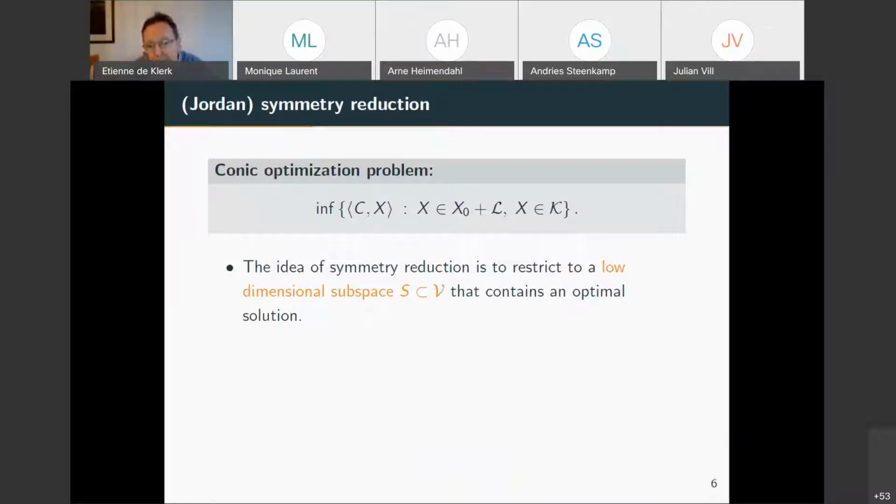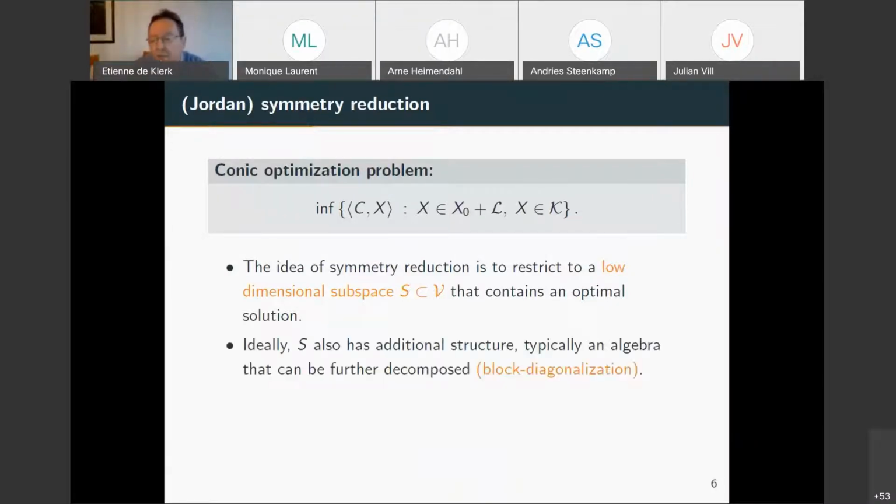So the whole point is, if we can restrict to a low dimensional subspace without loss of generality, then we need fewer variables to express the unknown. If we can express it in terms of the basis of the subspace, that cuts down the number of variables in the computation immediately.